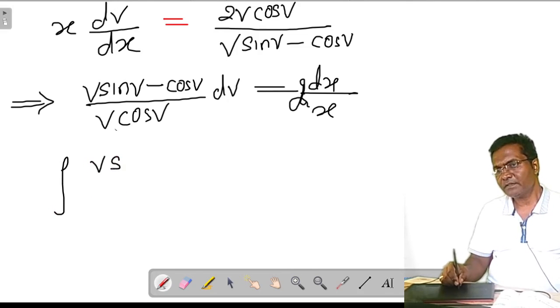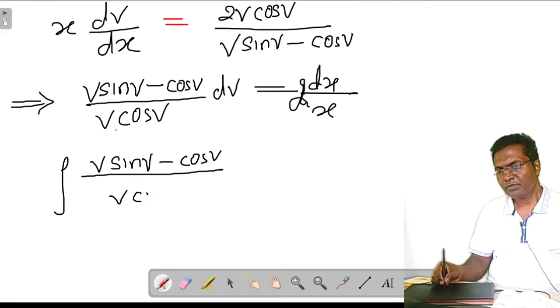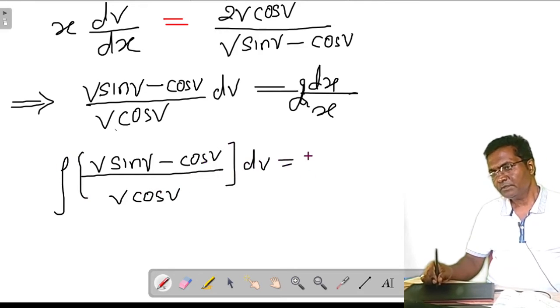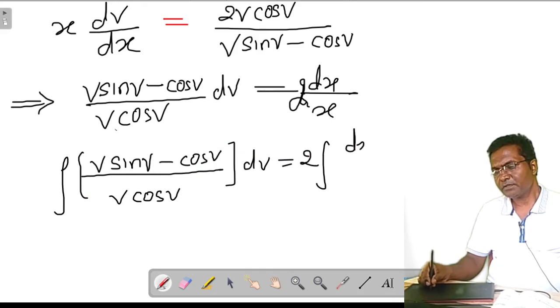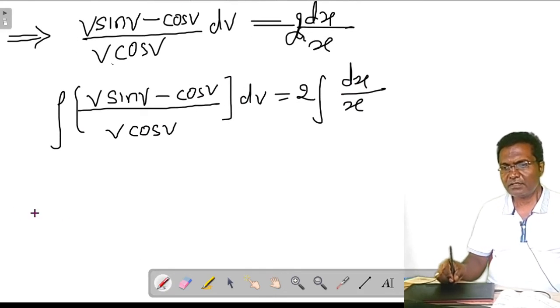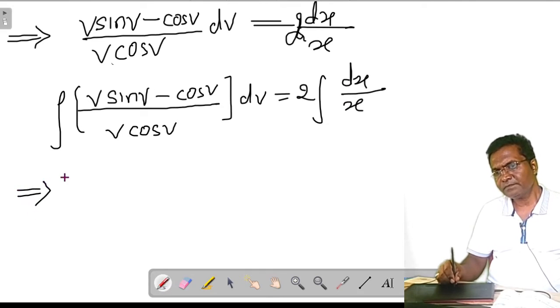Integrating both sides, (v sin v minus cos v) by v cos v into dv equals 2 into integration dx by x. Okay, have an idea of integration.